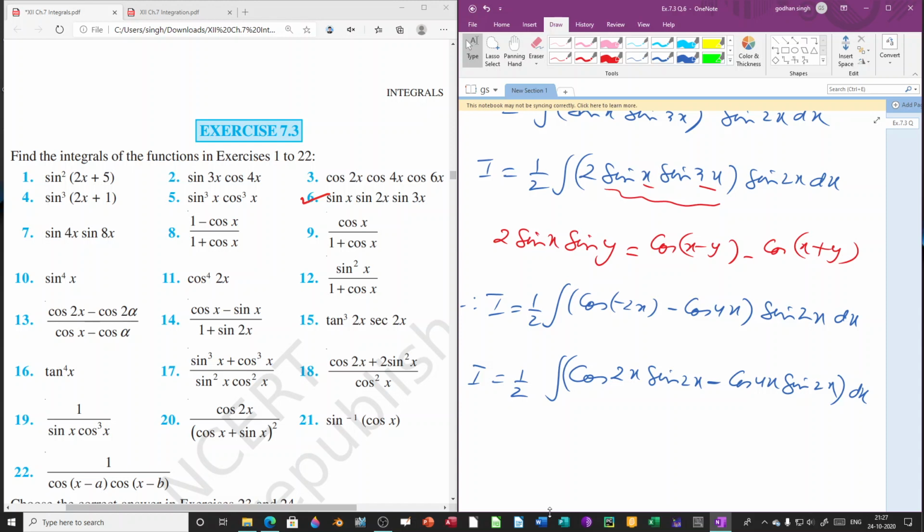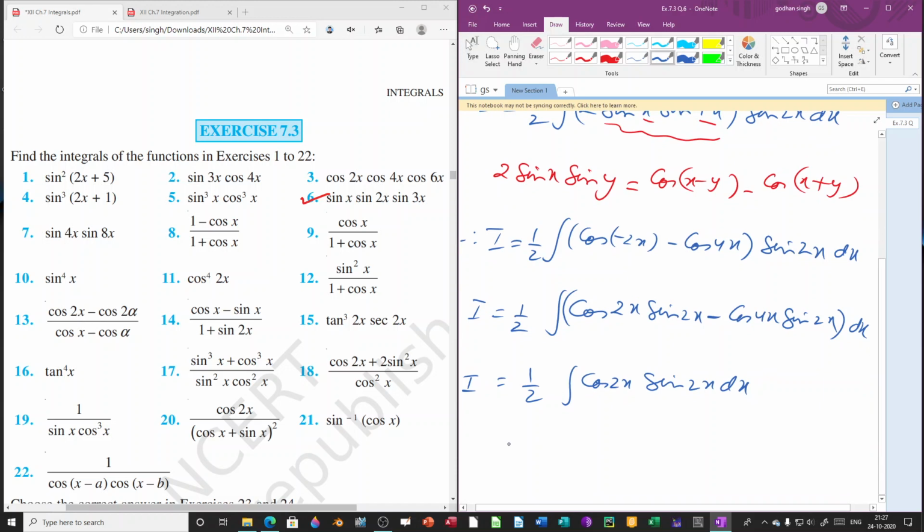Next we separate them and rewrite it as I equal to half integration of cos 2x sin 2x dx minus half integration of cos 4x sin 2x dx. Now we'll apply the formula of 2 cos x into sin y, and for that we'll multiply and divide with 2.